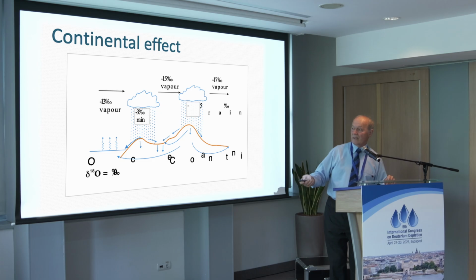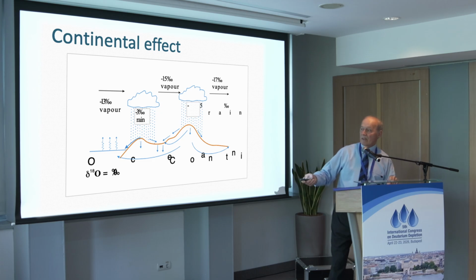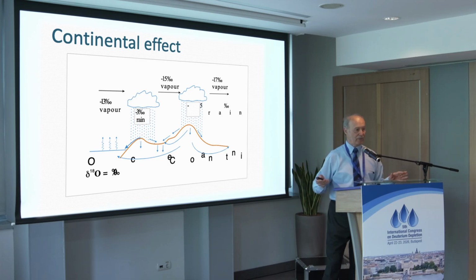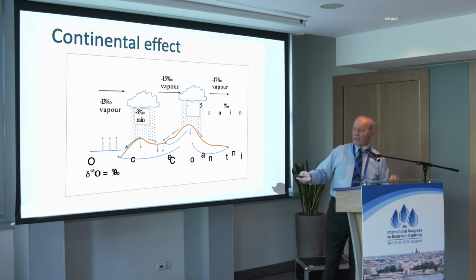Continental effect. The water evaporates from the ocean and a cloud is formed. Delta O18 is written here, but it is true for delta D, for the deuterium, as well. I showed you they go together. The first rain has -3 per mil in delta O18. Because the heavy isotopes are enriched in the condensate, the remaining vapor becomes isotopically lighter.